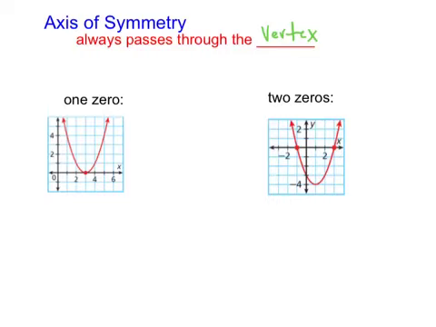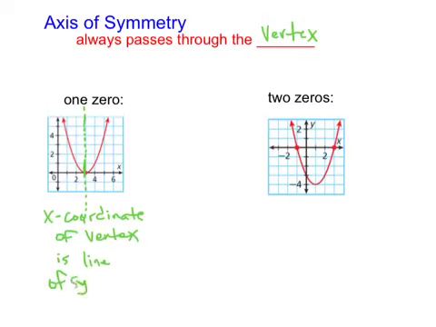Now, if I tell you that it passes through the vertex, we can draw this imaginary line in this first example where we have 1 zero. And so basically when we have 1 zero, the x coordinate of the vertex is our line of symmetry.